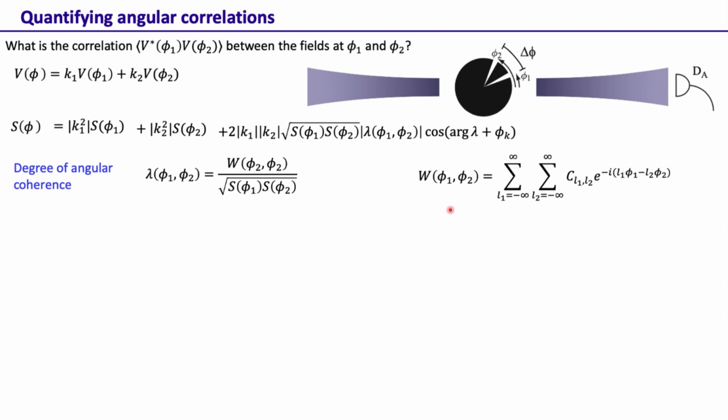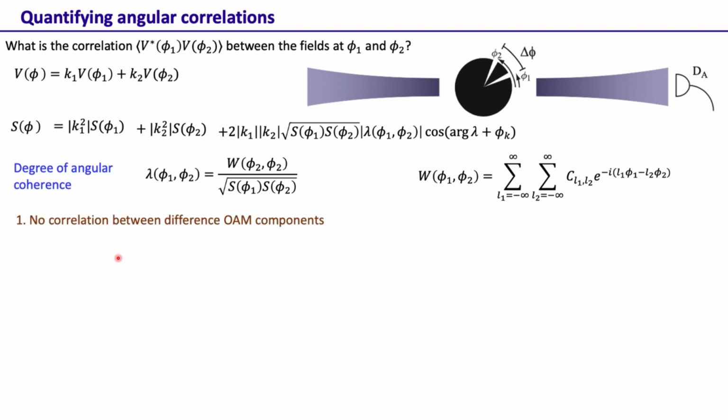Now, in order to quantify this, we saw in time and space that to quantify the correlation function in time, it was always better to look at the correlation in frequency. Similarly, when we quantified the correlation in space, we looked at the correlation in spatial frequencies. So similarly, here it is always more structured to look at the correlation in orbital angular momentum, the orbital angular momentum correlation function.